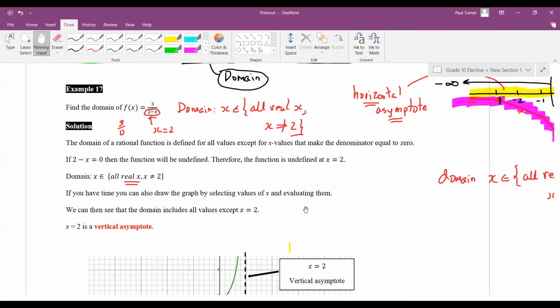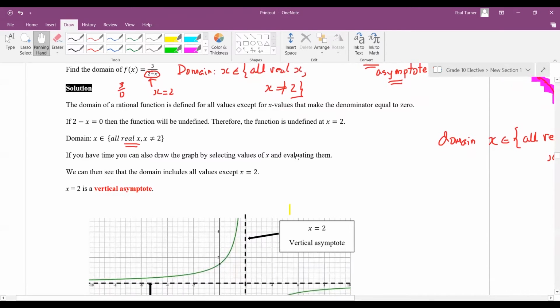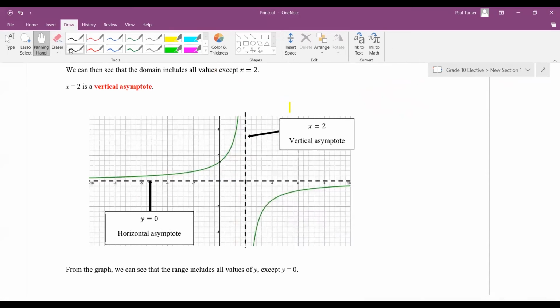When you look at your graph, 3 on 2 minus x, let's write that down. So this is your function here. So we have an asymptote when x equals 2. I got that from here.